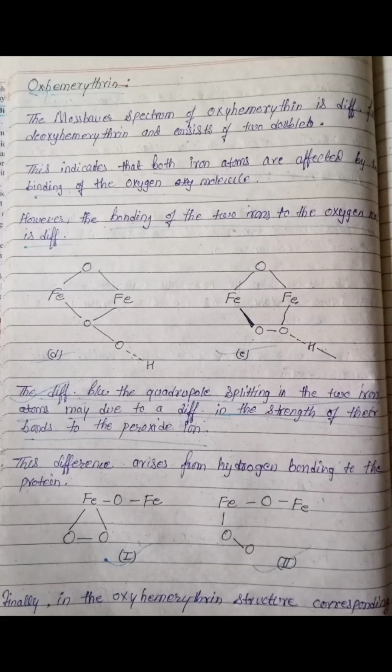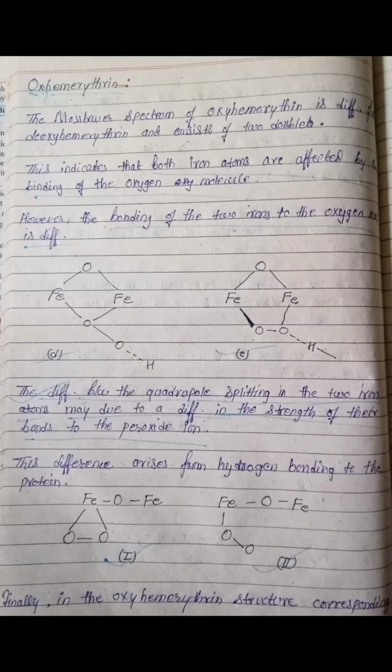However, the bonding of the two irons to the oxygen molecule is different. The difference between the quadrupole splitting in the two iron atoms may be due to a difference in the strength of their bonds to the peroxide ion. This difference arises from hydrogen bonding to the protein.